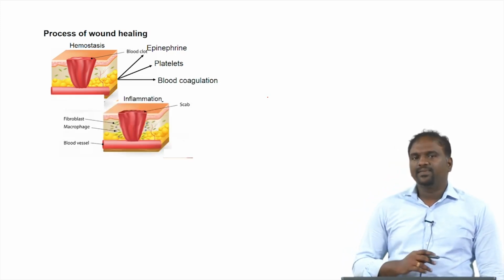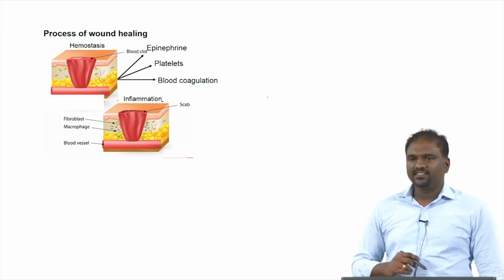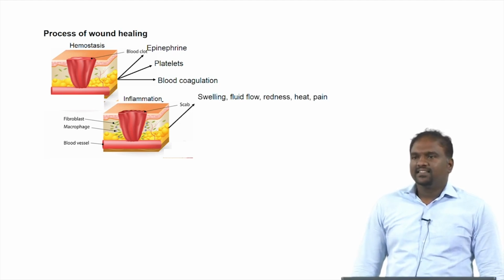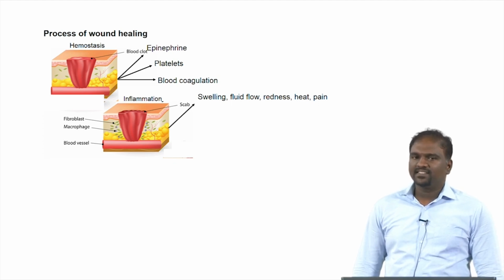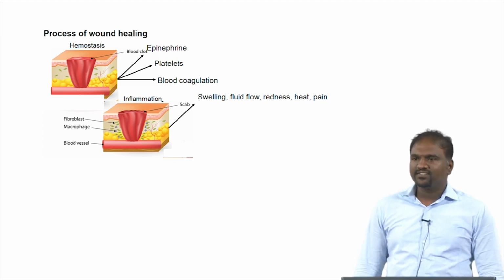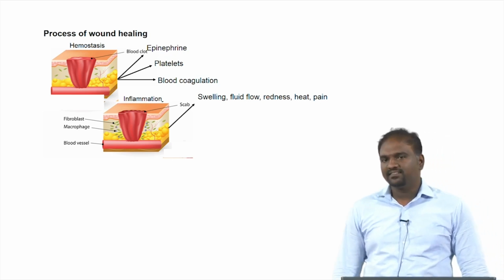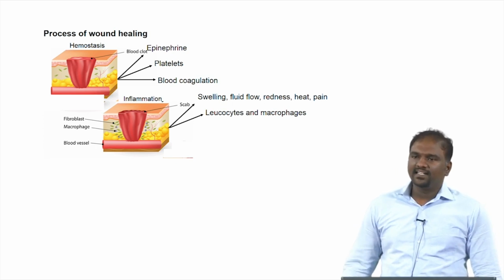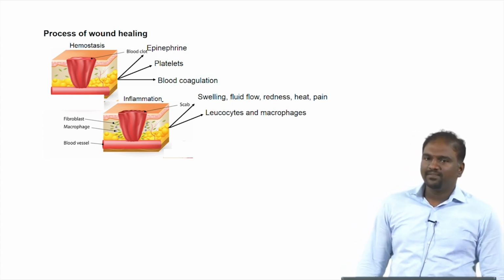The next step after hemostasis is inflammation. Once the blood starts coagulating, swelling and other things happen because of the inflammation. Swelling also produces heat, fluid flow increases, and obviously there is pain. Here the defense system plays an important role.